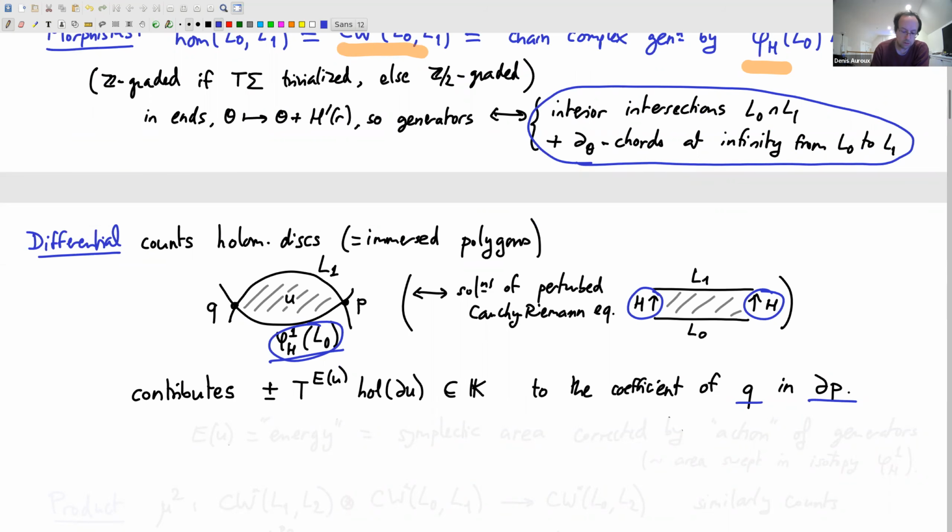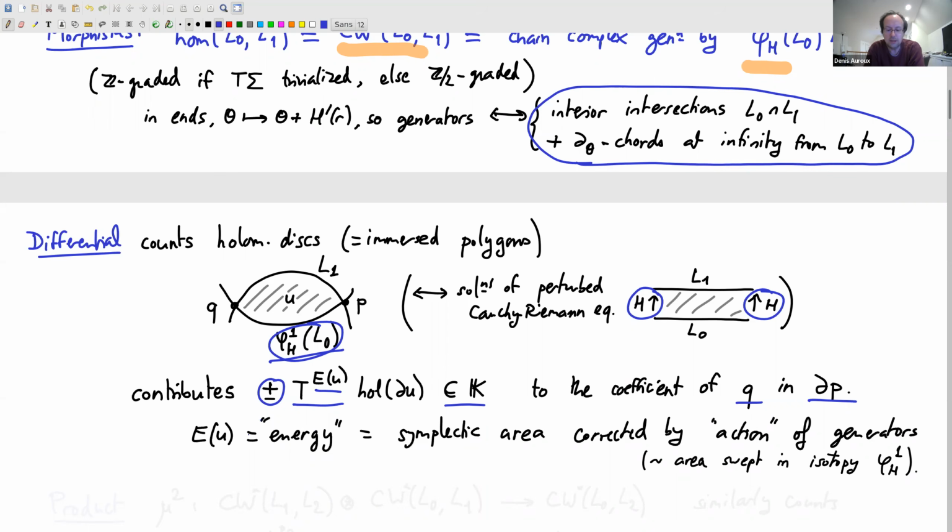The contribution is an element of our Novikov field, and there's a sign. I will not tell you how to decide whether it's a plus or a minus, it's actually complicated. Then there's an element of the Novikov field, which is a power of the variable T with exponent something called the energy of our disk.